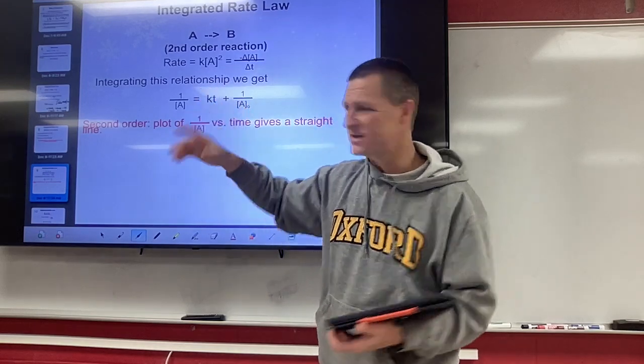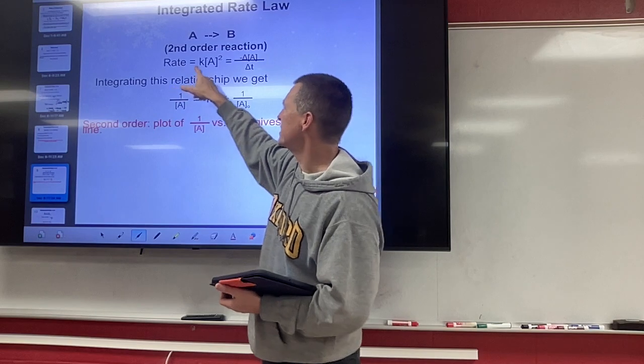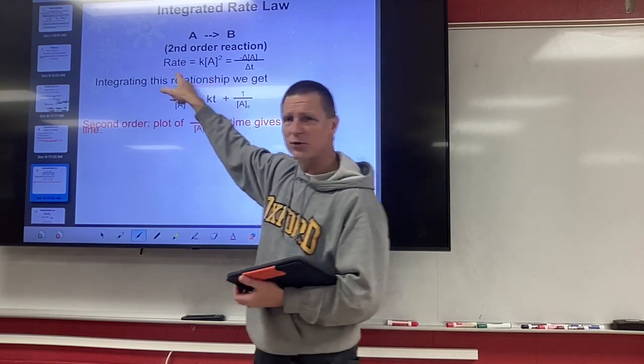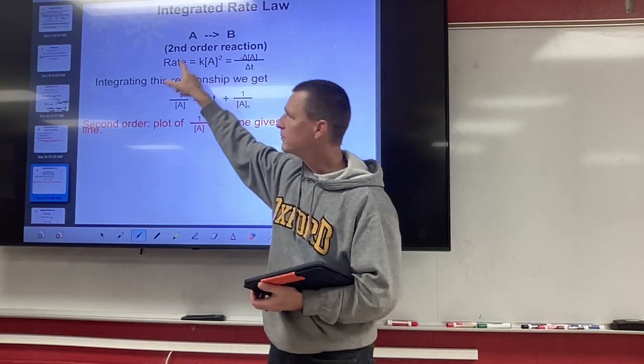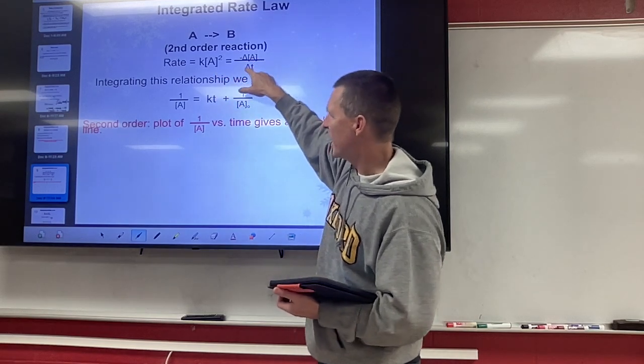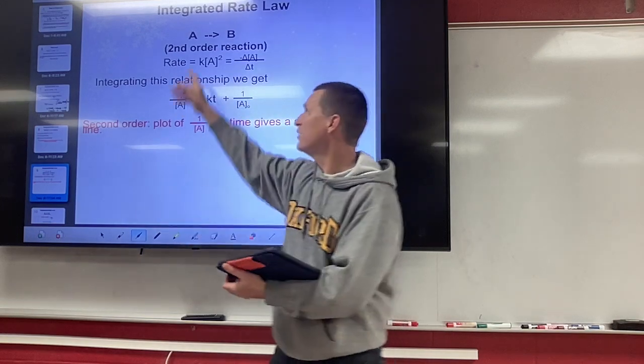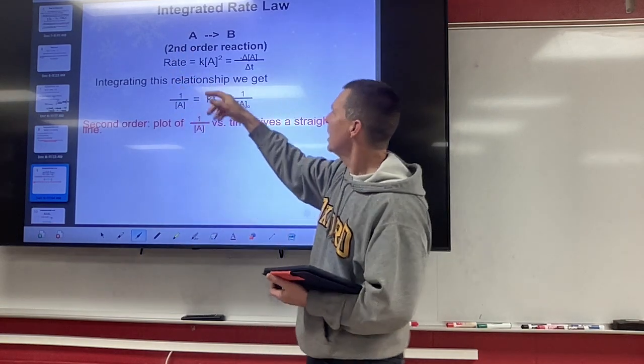It's simple integration. If it's second order, that means that the rate is k times A squared. That would be the differential rate law. The rate is how the concentration of A, the reactant, changes over time.